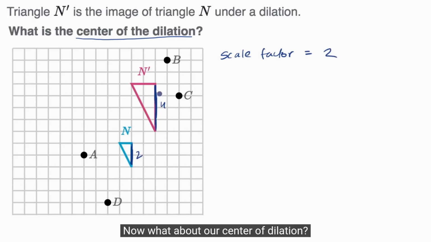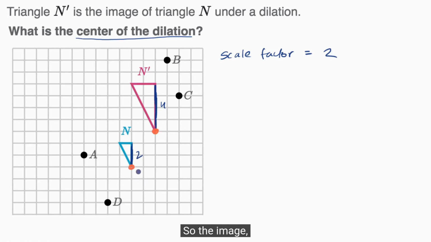Now, what about our center of dilation? So one way to think about it is pick 2 corresponding points. So let's say we were to pick this point and this point. The corresponding point on n prime is going to be the scale factor as far away from our center of dilation as the original point.